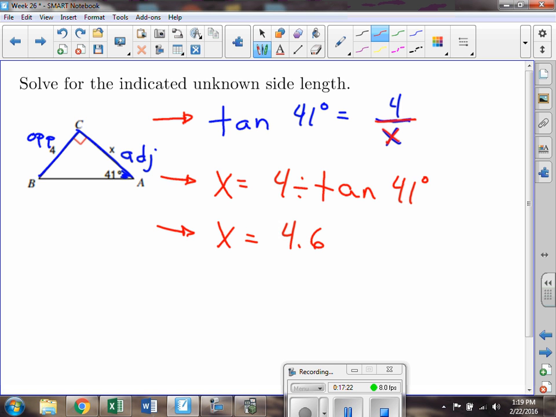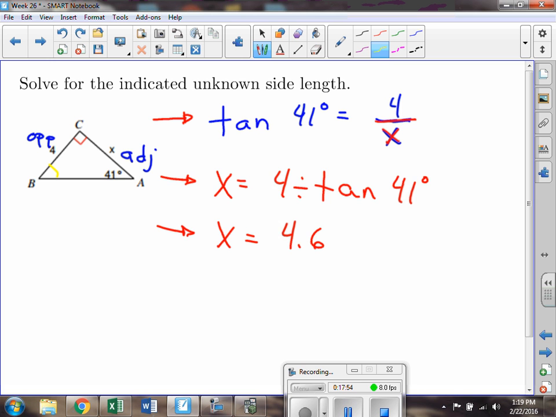My favorite way of doing these is actually related to the cofunction theorem. In particular, we started off by using an angle of 41 degrees. I don't want to use the 41 degree angle. It's that simple. If I don't use 41 degrees, instead, I can figure out how big angle B is.